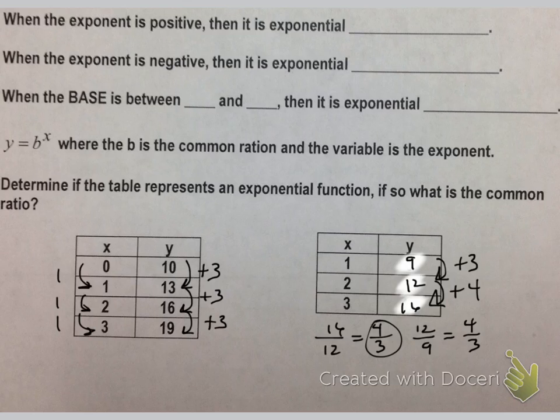No. Because what's the next number going to be? What's 4 going to be? Would it be 20? Yeah, 21. Because what's 21? That's plus 5, and then it's going to be 27. So it's not going to be quite like that. It's not like slope.